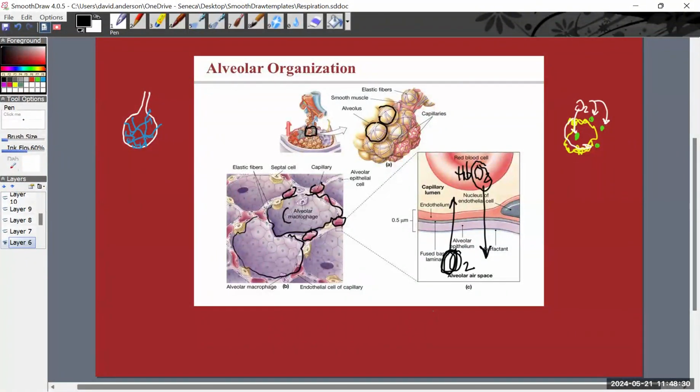And if oxygen is high in the air sac and low in the blood vessel, we create movement into the blood vessel. If CO2 is high in the blood vessel and low in the alveolus, we create movement from the high to the low.